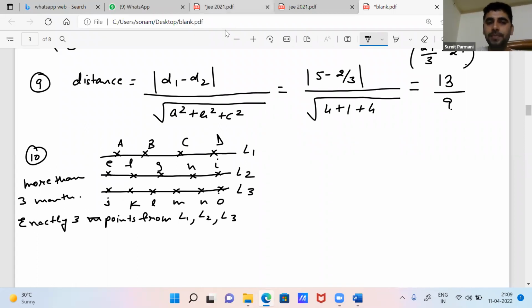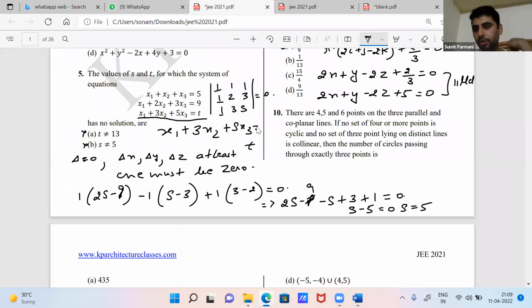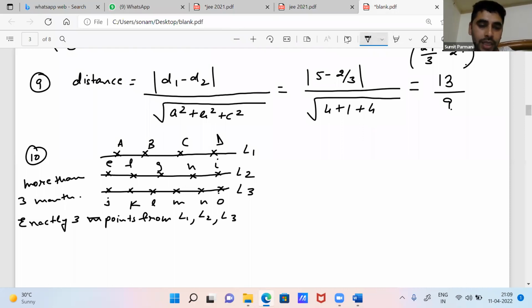The third statement says no set of 3 points on distinct lines is collinear. That means we cannot take these 3 points directly. Suppose these 3 points are in the same line, we cannot take this situation also. So these are the 3 statements.